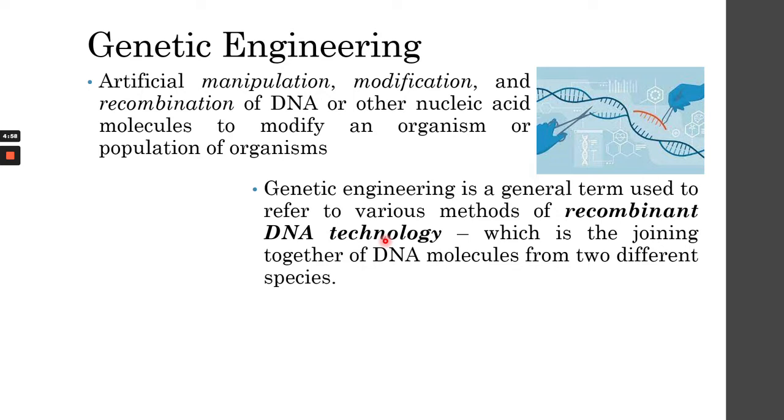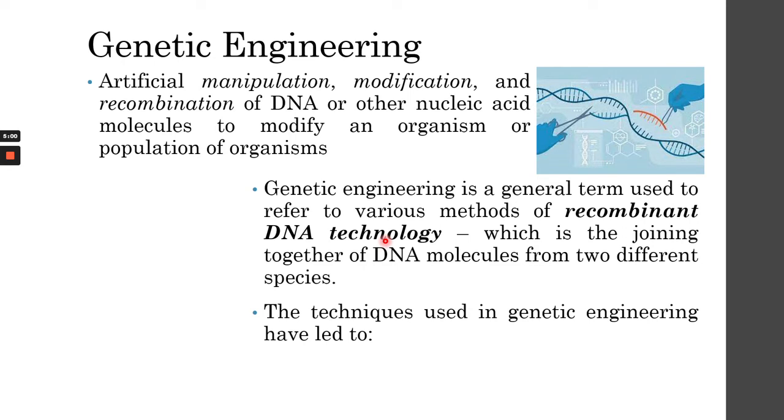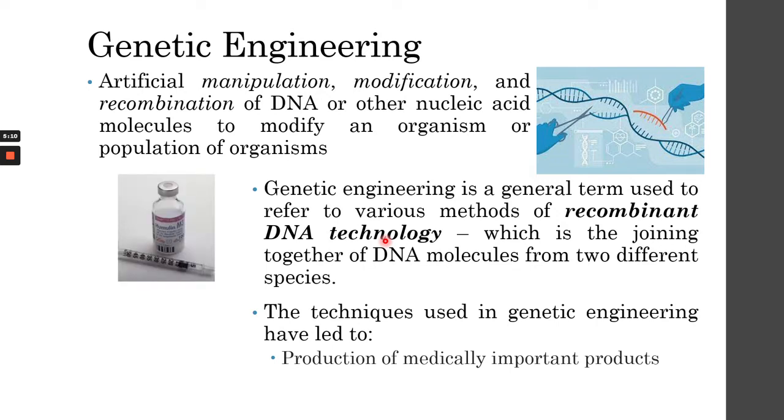Well, we've actually been using it. A lot of the techniques that have come from recombinant DNA technology have brought us the production of medically important products. As an example, because of recombinant DNA, we were able to create human insulin. And insulin is very important, especially for people experiencing diabetes, more importantly for those who have type 1 diabetes.